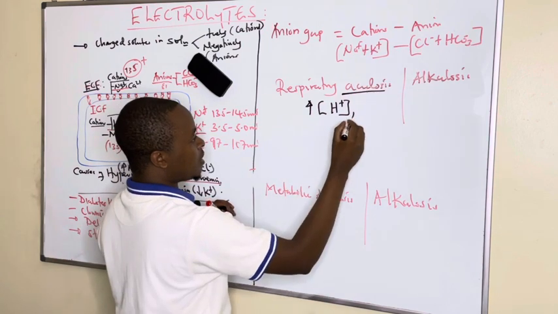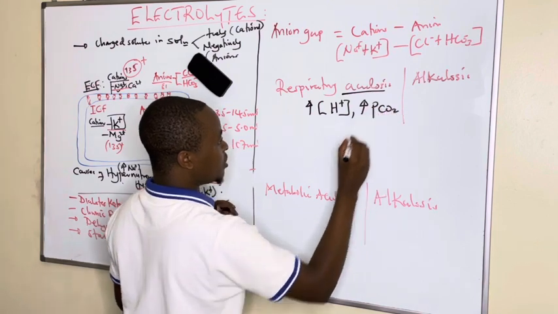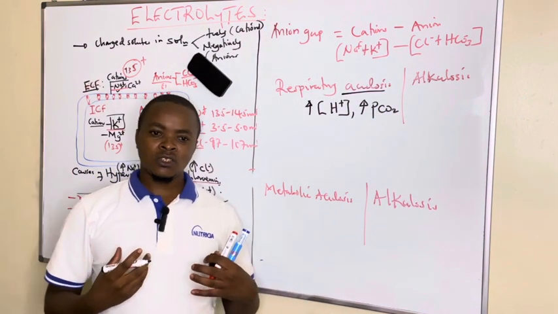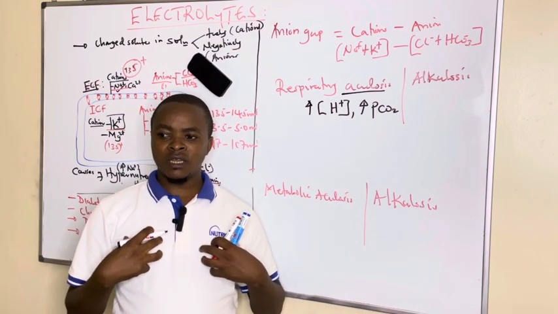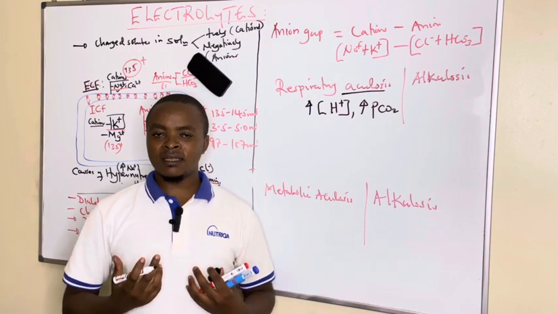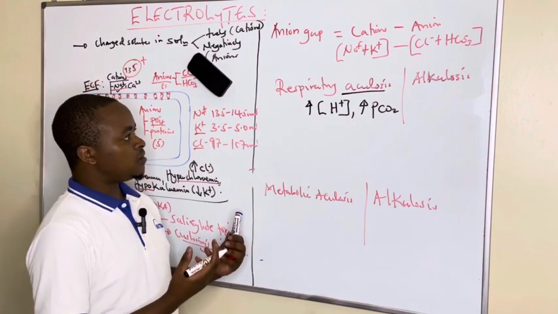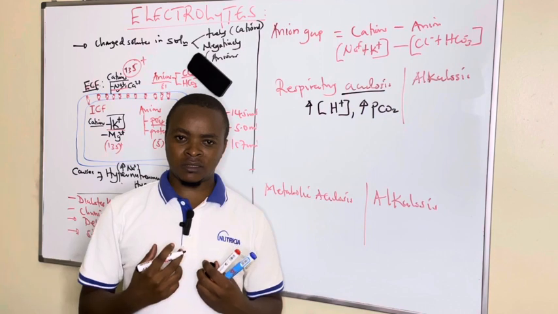How does it come about? It is due to increased partial pressures of carbon dioxide. Respiratory means the lungs. So whenever you get an injury to the chest and you are not breathing normally, like asthma attack, maybe injury to the chest, you find there is lack of normal breathing rate.